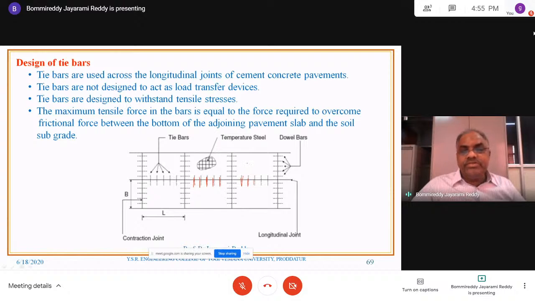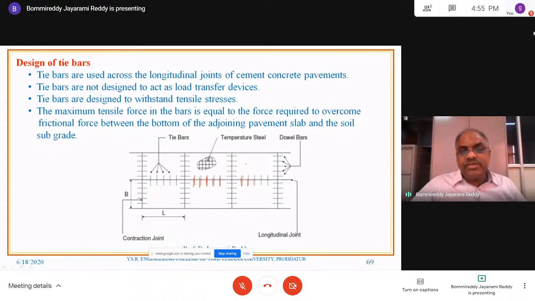Tie bars are not designed to act as load transfer devices, so these are not for load transfer, whereas the dowel bars are provided for load transfer at the edge from one slab to the other slab. Tie bars are designed to withstand tensile stresses. If there is any tensile stress acting at that junction, that will be taken care of by this.